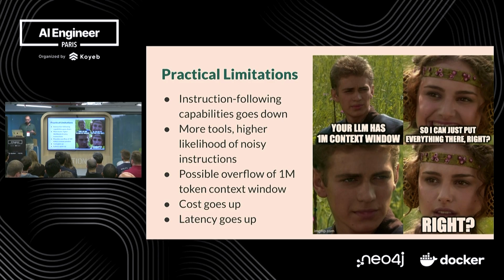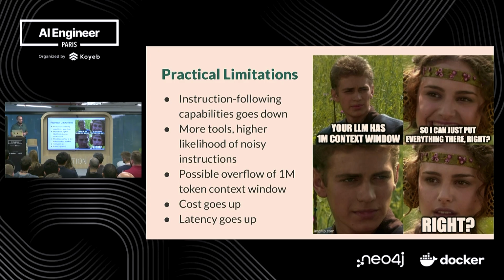This is going to grow, but in practical terms, if you add more and more tokens into the context window, instruction following capabilities go down significantly. This is known as the needle in the haystack problem. Even benchmarks say otherwise. It goes down.